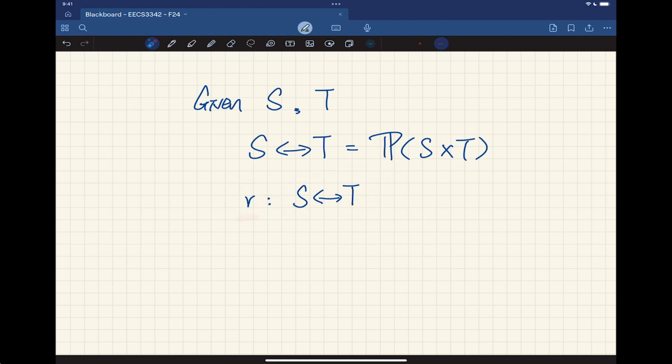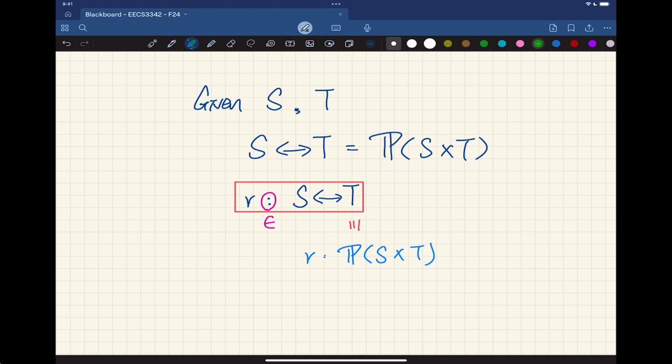Okay, I'll say a little bit more, and then I can take questions. This symbol here in Rodin is really corresponding to the set membership. Okay? And when you say something like this, you can also say something equivalent. You can also say R is a member of the power set of S cross product T. Because we know these two expressions are equivalent, right?